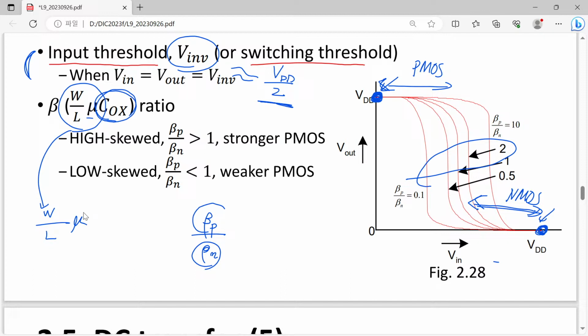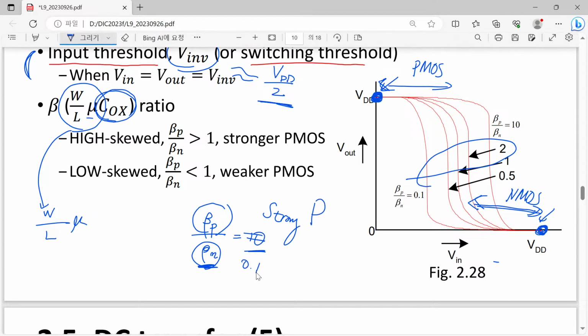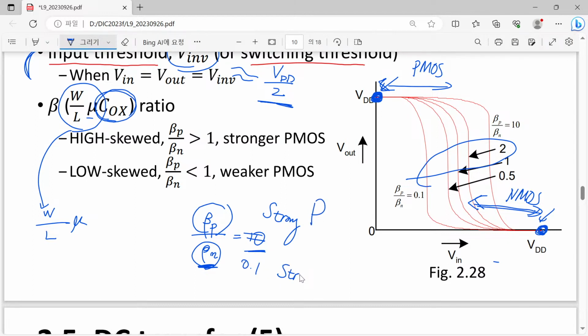And when they are different, for example, when beta P is 10 times larger than the NMOS beta, then we call it a relatively strong PMOS. And if this is 0.1, then we say that it is a relatively strong NMOS. Then what happens?